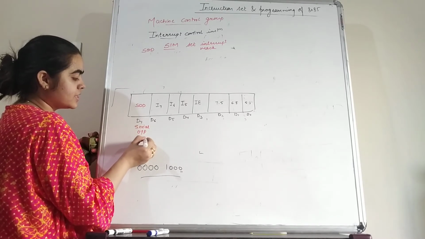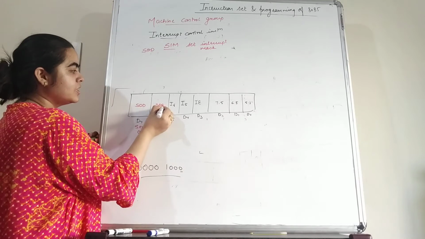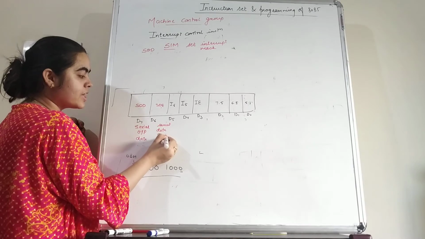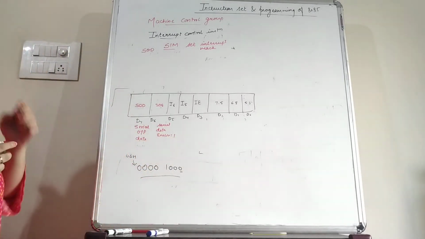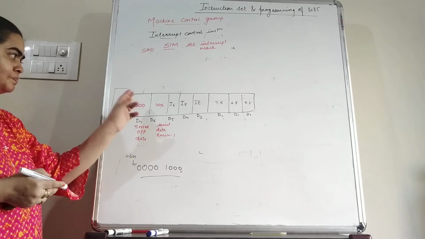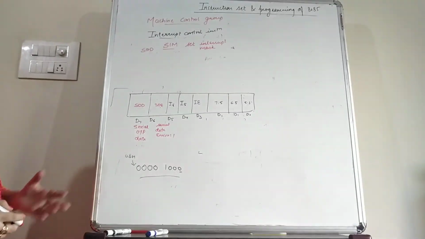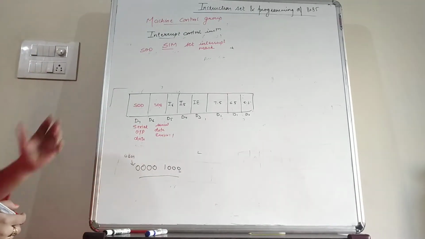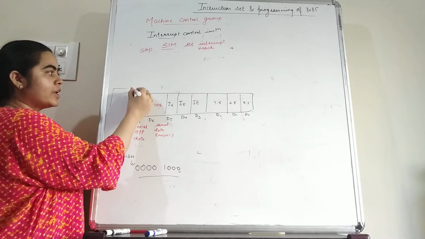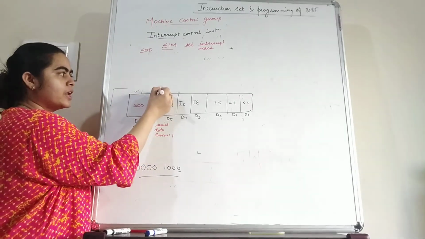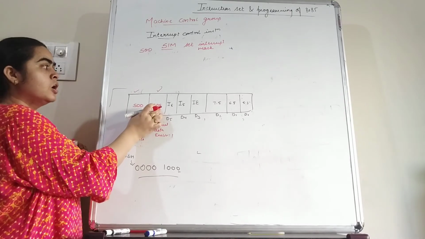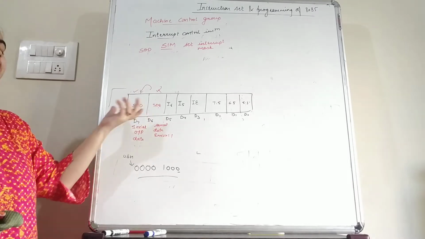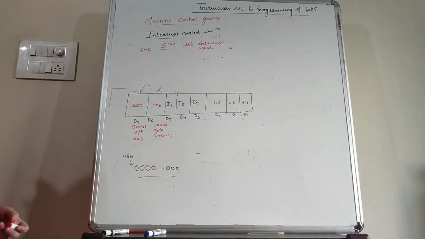Next one is SDE, which means serial data enable. Students, only if this bit is enabled will the microprocessor send the data to the peripheral devices. If this bit is equal to 0, the microprocessor will not be able to send the data. So if you want to send data, you first have to enable this bit, because if it is disabled, you are not able to send the data.